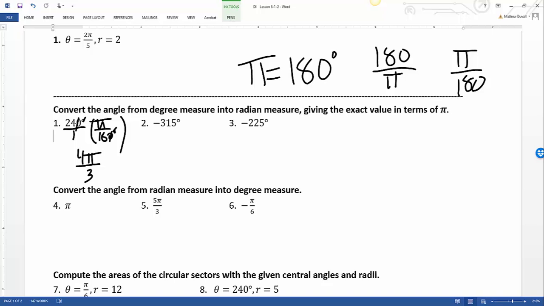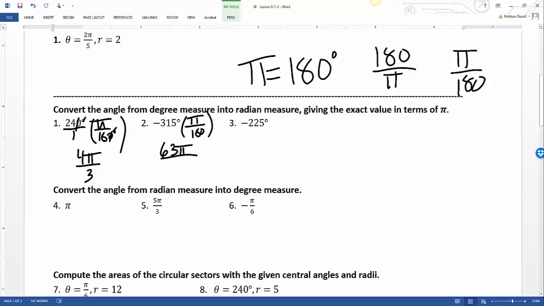Negative 315. Again, multiply by pi over 180. So in this instance, we probably should divide by 5. Let's see how that's going to reduce. So the degrees cancel out, done. So 315 divided by 5, that gives me 63.